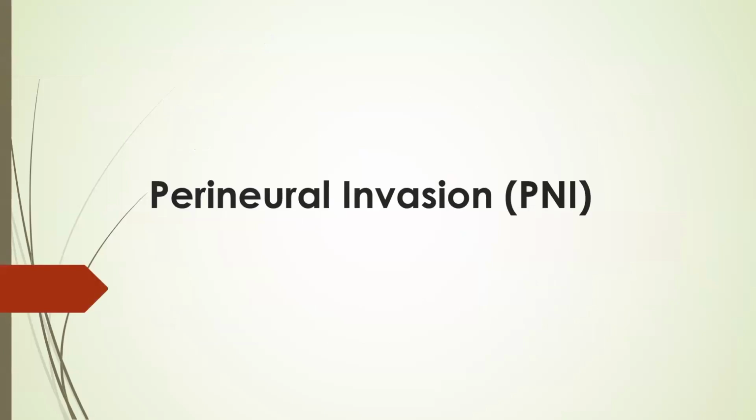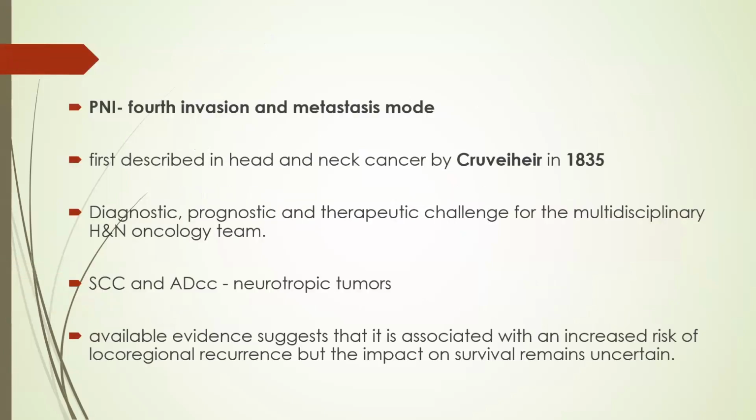Now, coming on to perineural invasion. We all know that direct spread, hematogenous and lymphatic spread are the main routes of cancer spread. But you can consider perineural invasion as the fourth method of invasion and metastasis. It was first described in head and neck cancer by Cruveilhier in 1835.